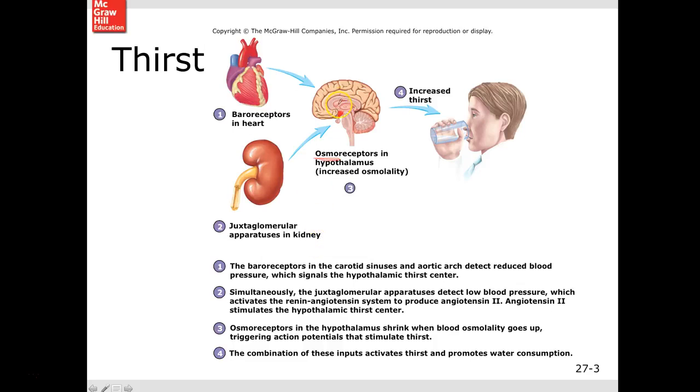So that tells our hypothalamus we need to increase osmolality, and we increase our thirst. That causes you to drink more water, and as a response, our blood osmolality is going to go up, our blood pressure is going to go up, and we are back to homeostasis.